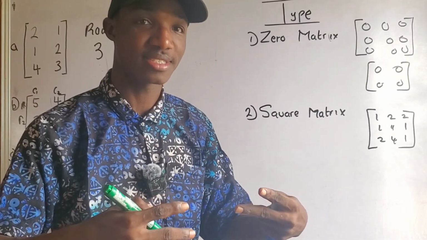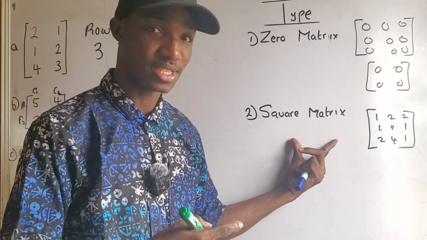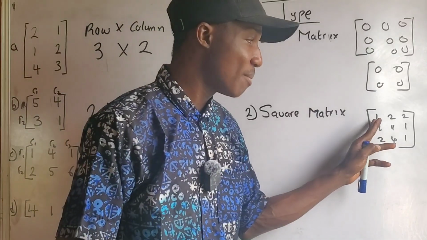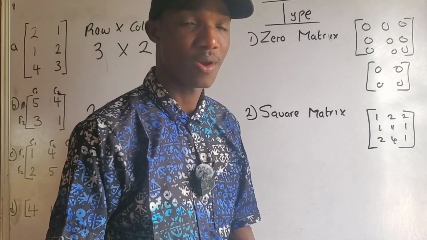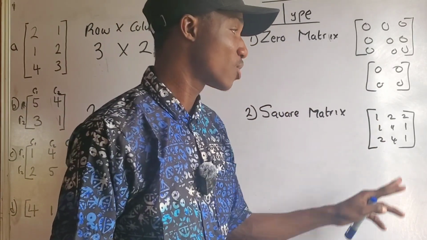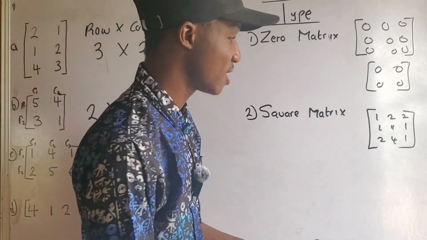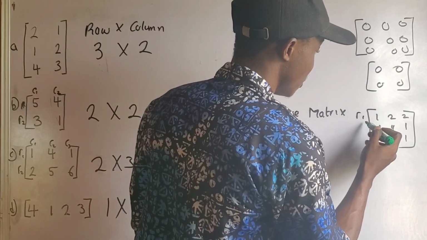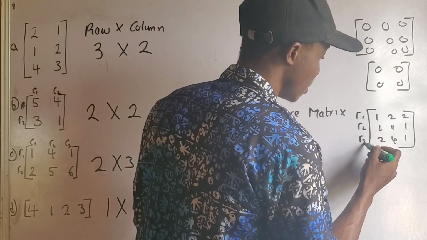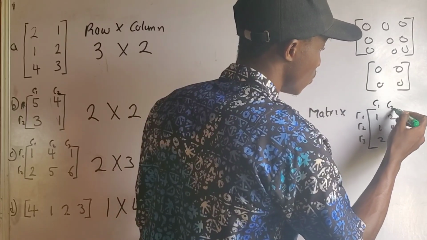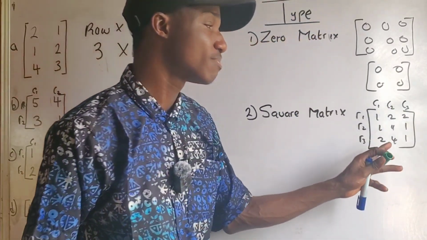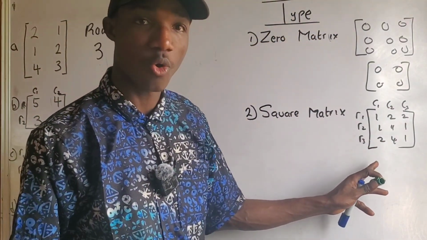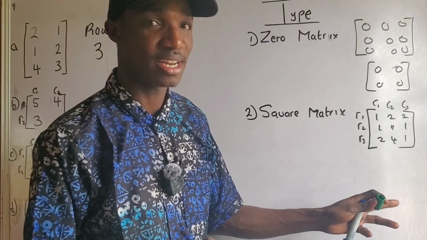Any matrix that has that is called square matrix. Now look, how many rows do we have in this matrix? We are having 3 rows, right? How many columns do we have? We are having 3 columns. Let us name it. This is row 1, this is row 2, and this is row 3. And this is column 1, this is column 2, and this is column 3. So this matrix contains 3 rows and 3 columns. Hence, it can be regarded as a square matrix.